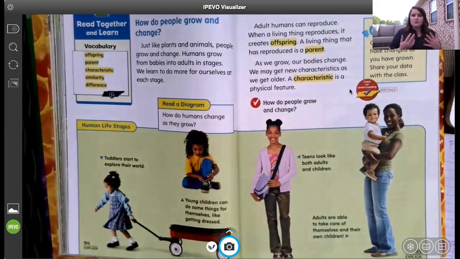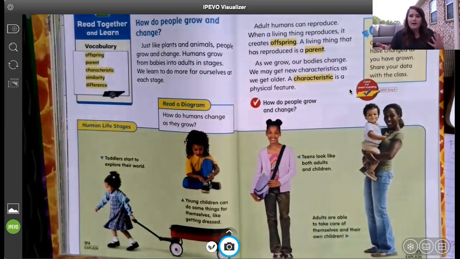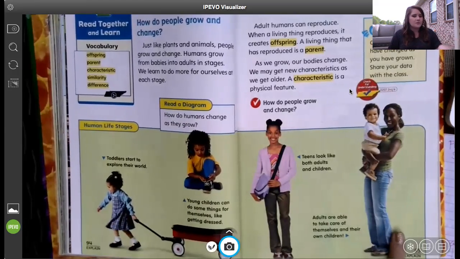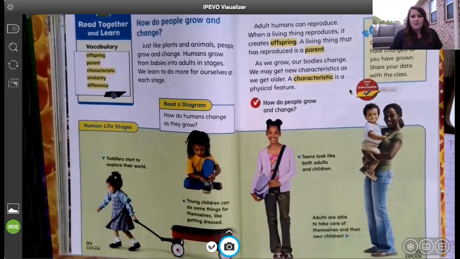So remember, you could create a life cycle right now from birth, when you were a baby, all the way till 7 or however old you are now. And some people will wait until they get really, really old and then they end up dying. So you can break it off into different stages. This one looks like from a toddler to an adult, because I don't see an infant, I don't see a baby over here.